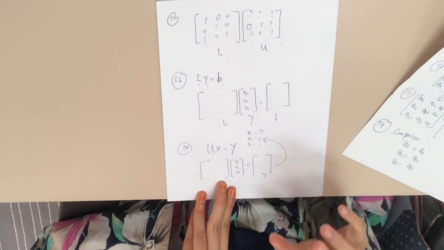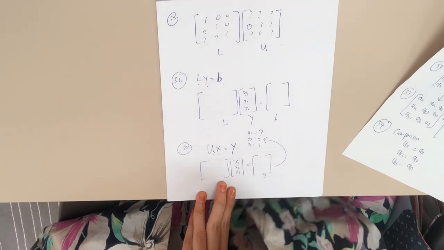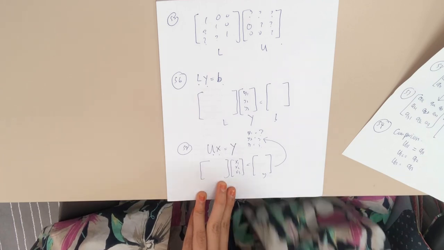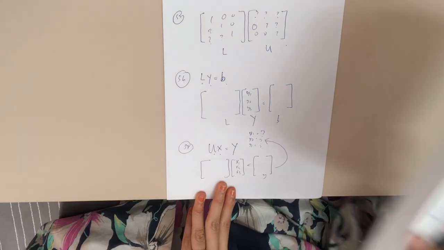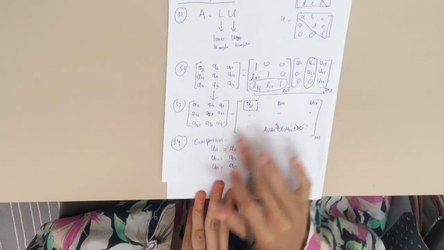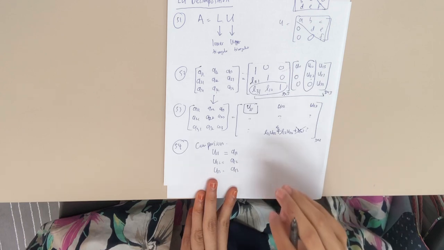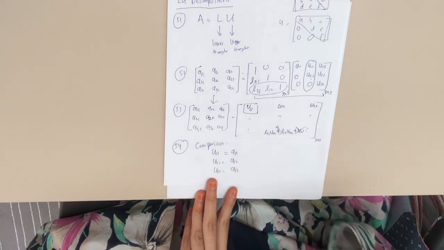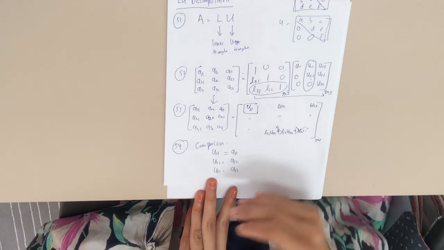So can you see the sequence, can you see the effect if you calculate wrongly? For example, if you calculate wrongly here in the comparison, you will get wrong values for L21, L31, L32, U11, U12, and so on.